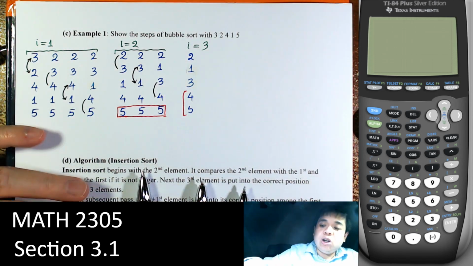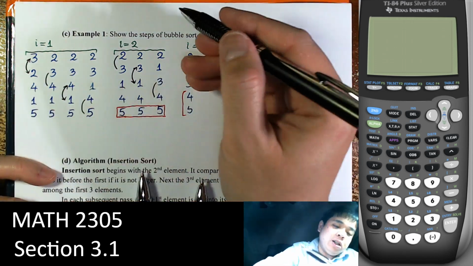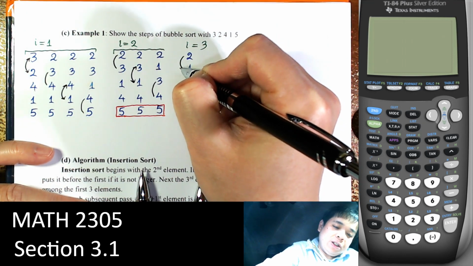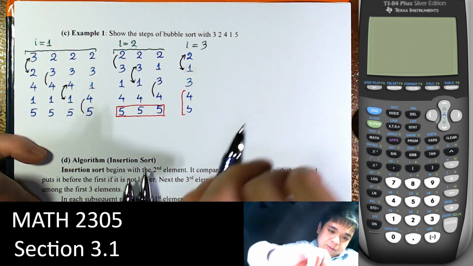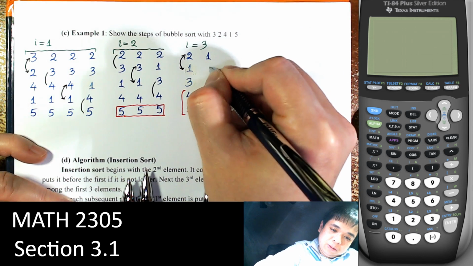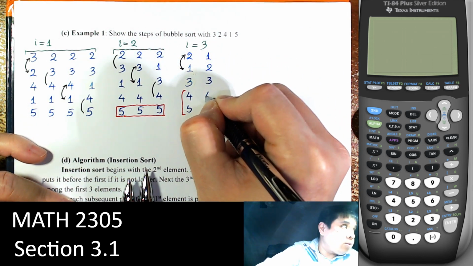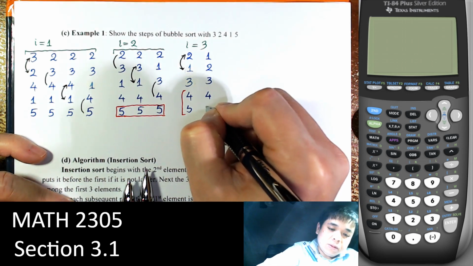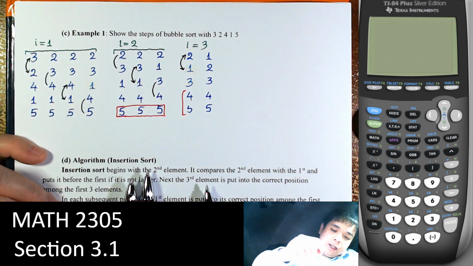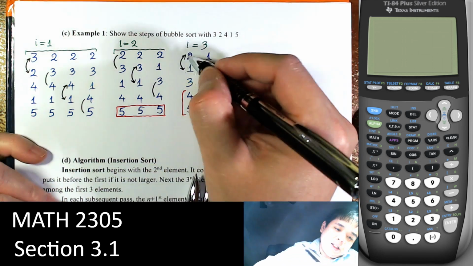Now we check. When we check, always check from the top. Right, this we need to interchange. Now let's check. That one's good.